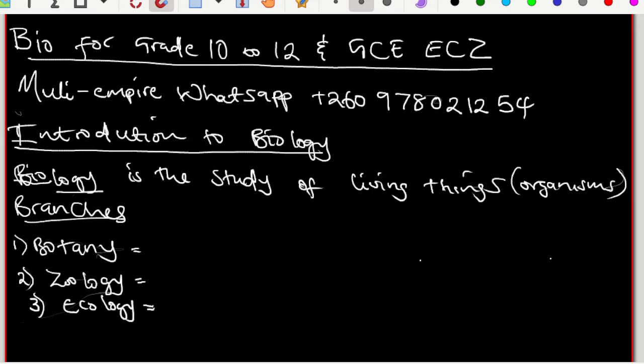So those branches which are there, you only focus on these three of them. Botany, which is just the study of plants. Then zoology, which is the study of animals. Then ecology. This is an interaction. We know that living organisms exist in the environment.